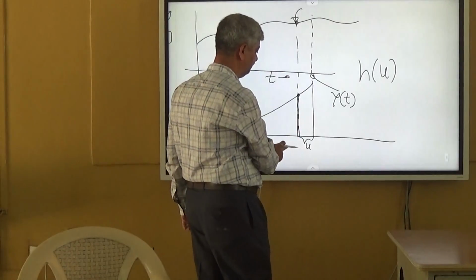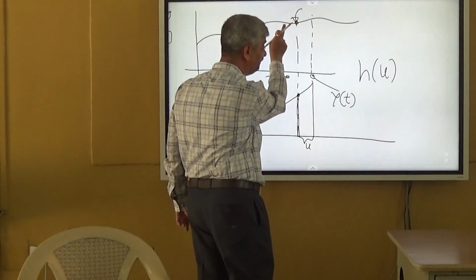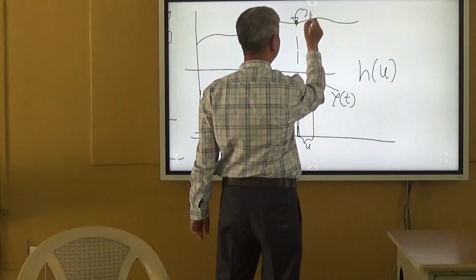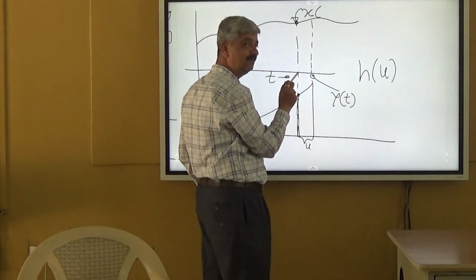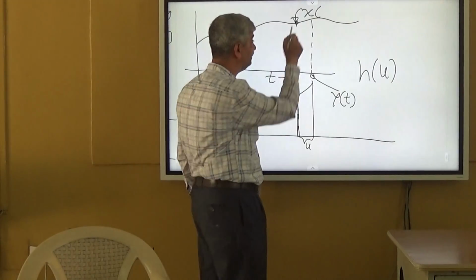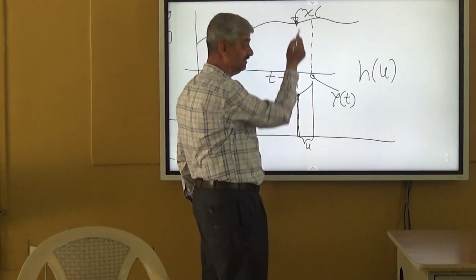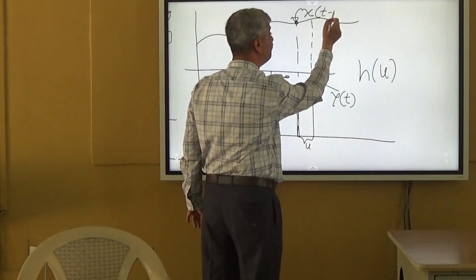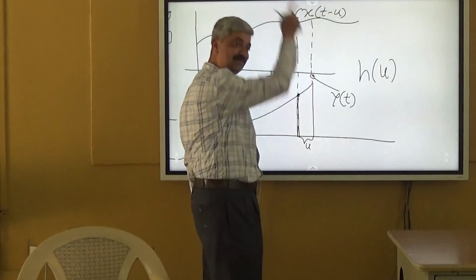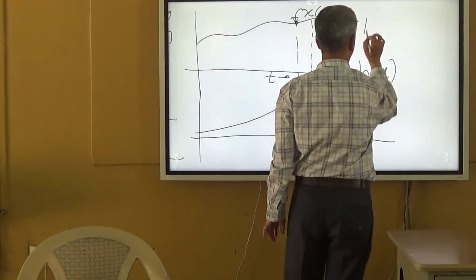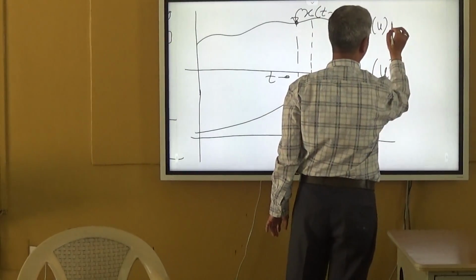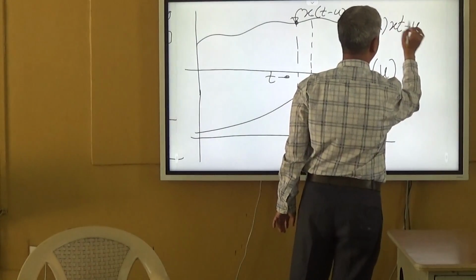This is what? X of t minus u. Their multiplication, what is that? H of u, x of t minus u.